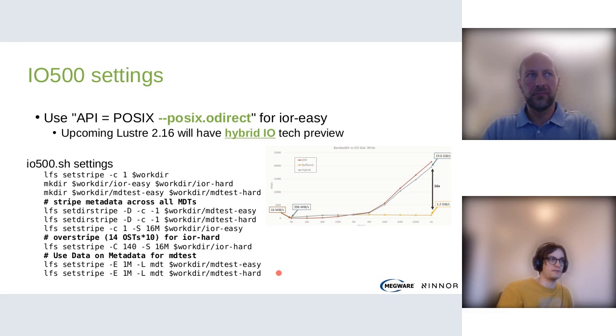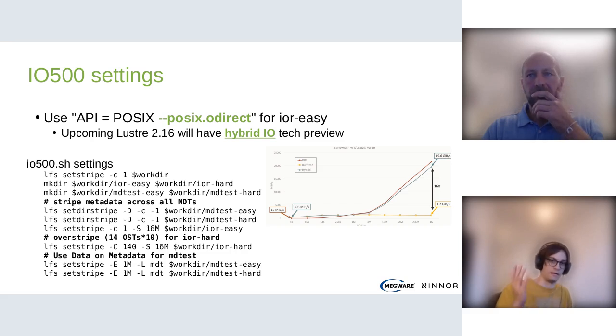But Lustre 2.16 will also have a very neat feature. 2.16 will usually come in Q4 this year. And it's a feature called Hybrid IO, which basically enables Lustre to automatically switch to direct IO if you are doing aligned IO.